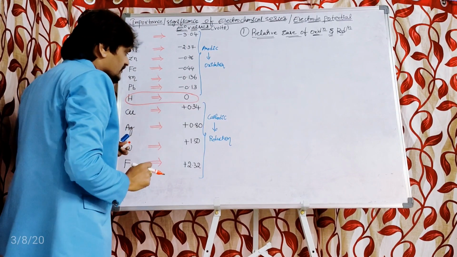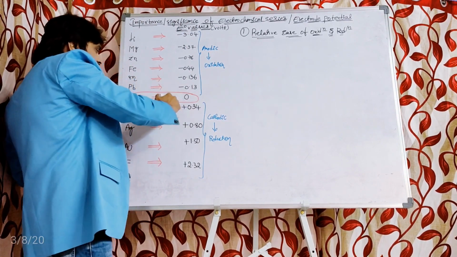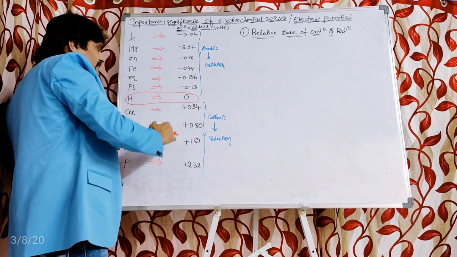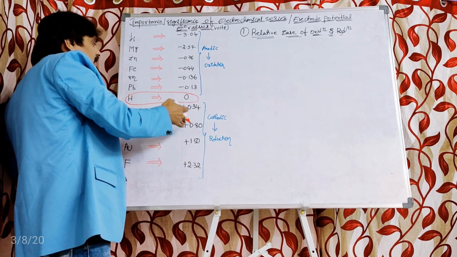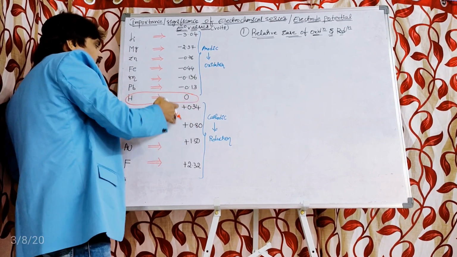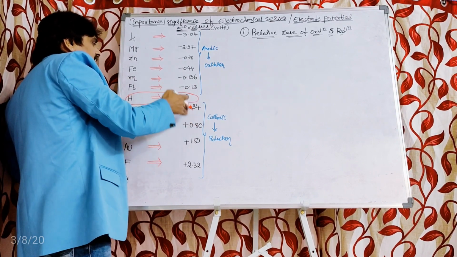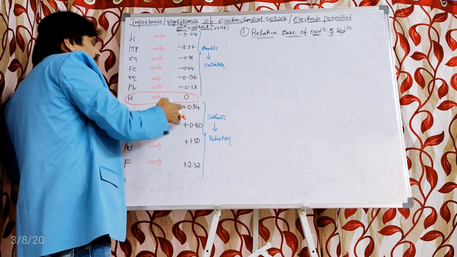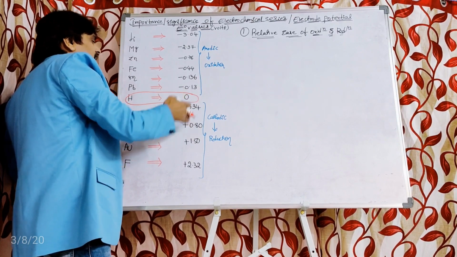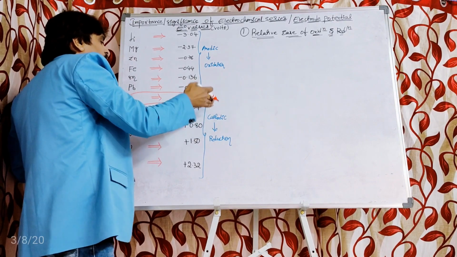And the electrodes which are below the hydrogen are associated with positive standard reduction potential values. Since they are associated with positive values, they act as cathode and undergo reduction.